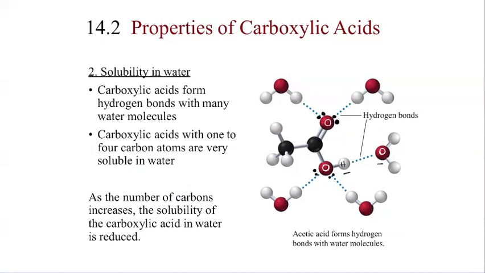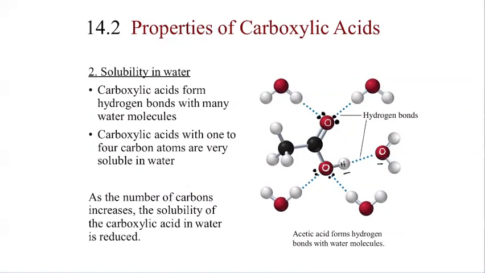And as you can see, those lone pairs, that electronegative atom that oxygen is, can hydrogen bond with water molecules. So you can observe that the amount of hydrogen bonding events that can happen specifically for carboxylic acids is higher than other functional groups that we have explored so far.